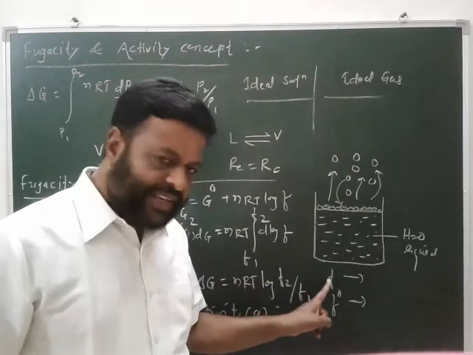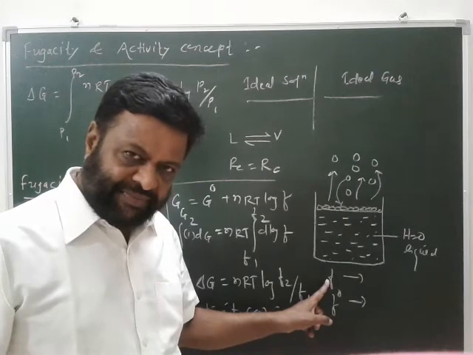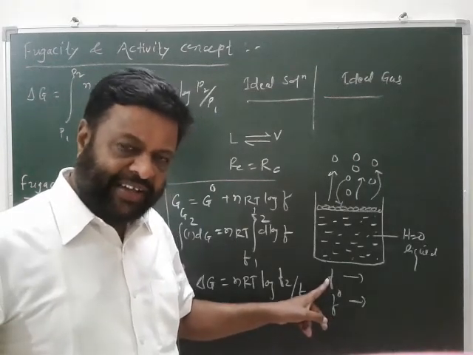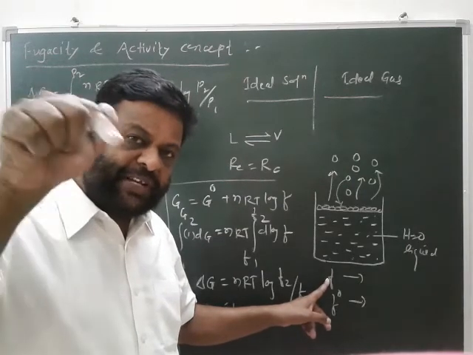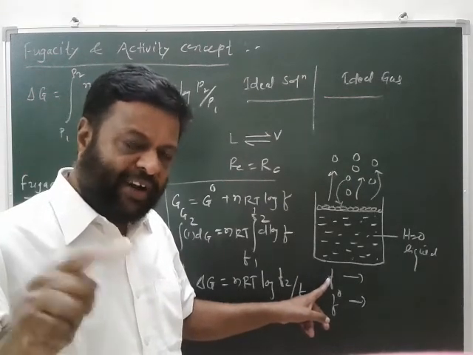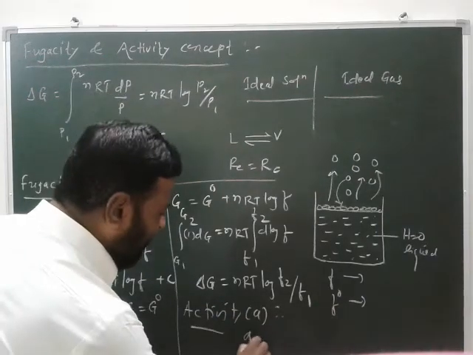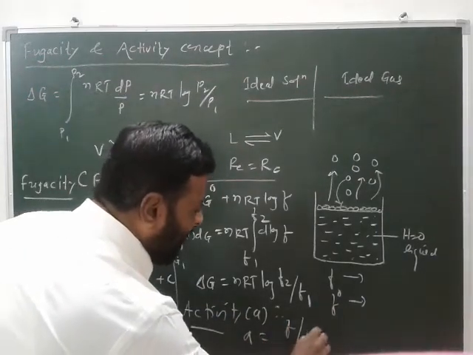So the activity is equal to F divided by F0.